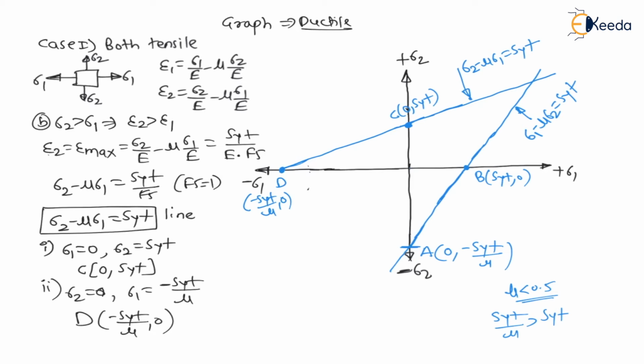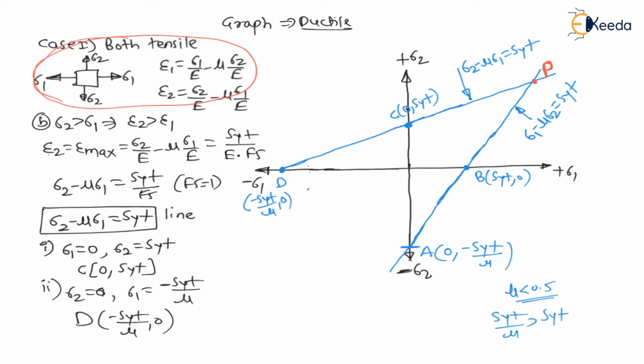Let us write this point as P, the intersection of line CD and line AB. Later we will find this point P also. Now in case 1 we have considered both tensile.